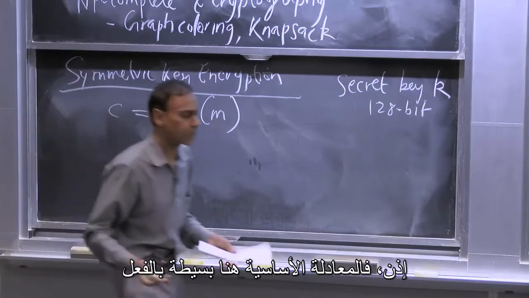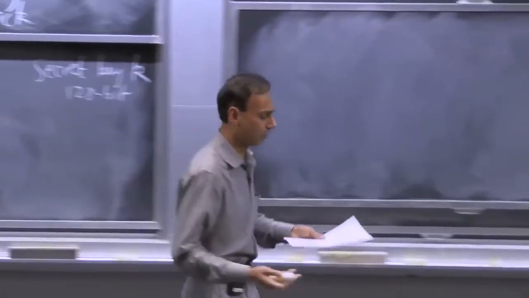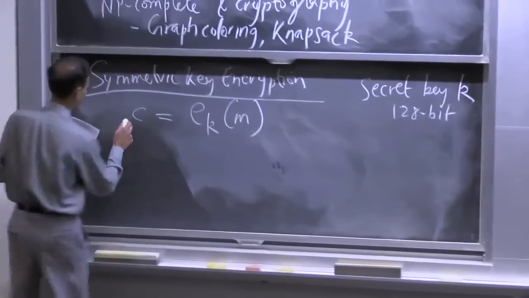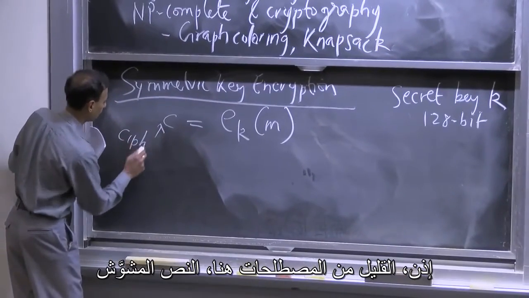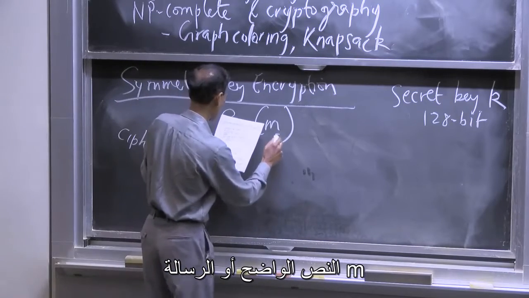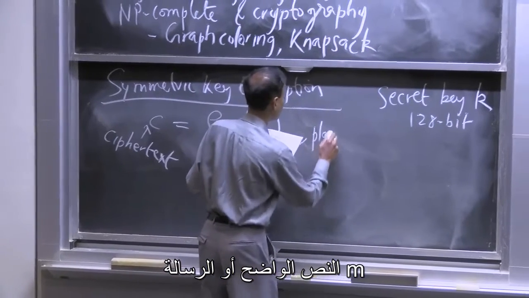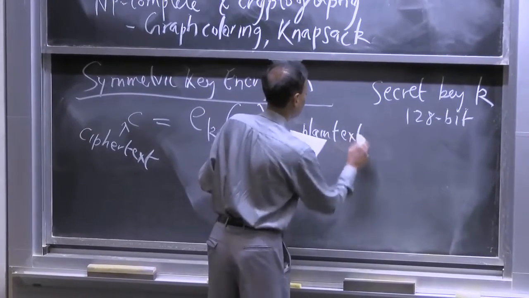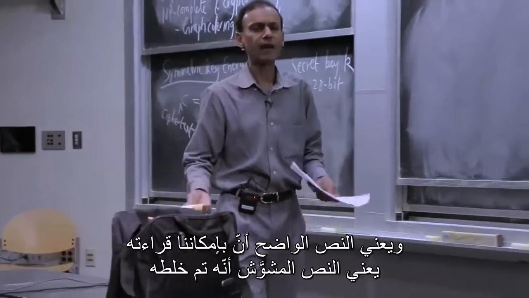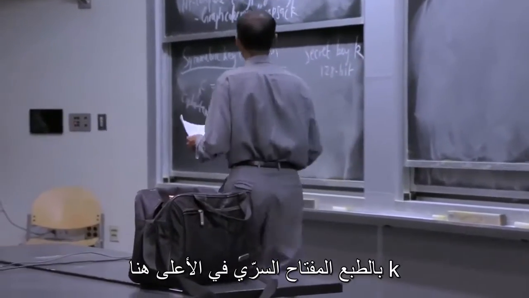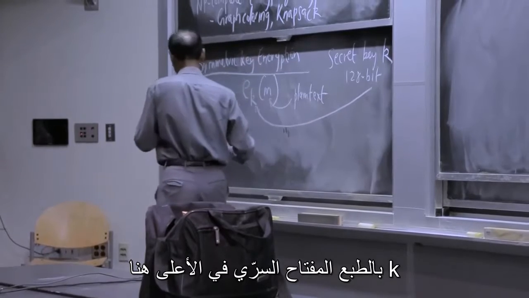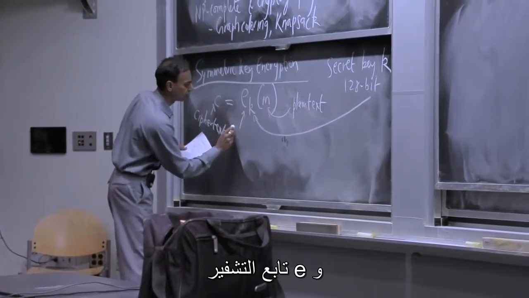So the basic equation here is really straightforward. It's C, which is the ciphertext. So a little terminology here. Ciphertext. M is the plain text or the message. And plain text means you can just read it. Ciphertext means it's scrambled. K is, of course, the secret key. That's up here. And E is the encryption function.